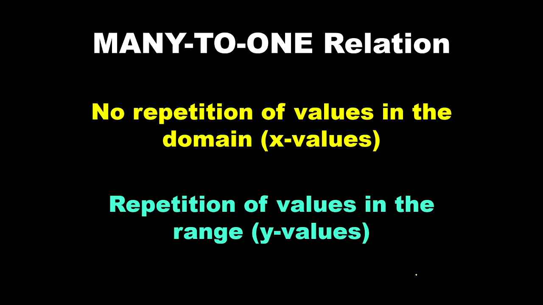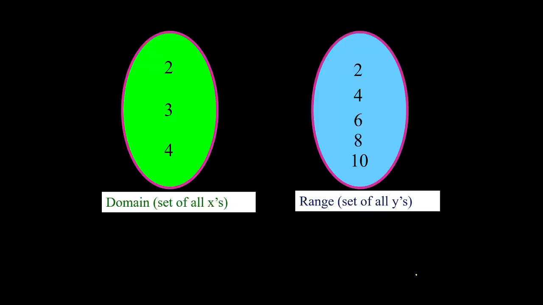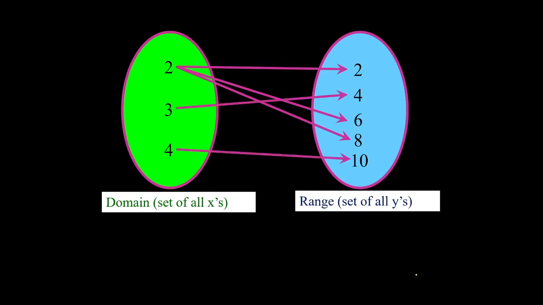Okay, let's proceed to the third kind of relation. So take note, I'm gonna be assigning 1 to 2, 2 to 6, 2 to 10, 2 to 8, sorry. I will be assigning 3 to 4 and 4 to 10. Now, based on this, what kind of relation is this?